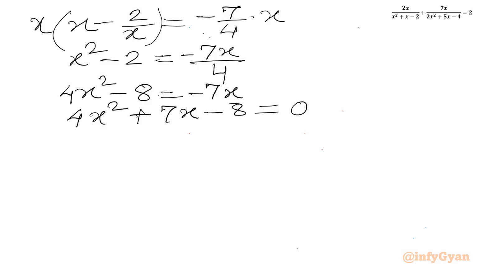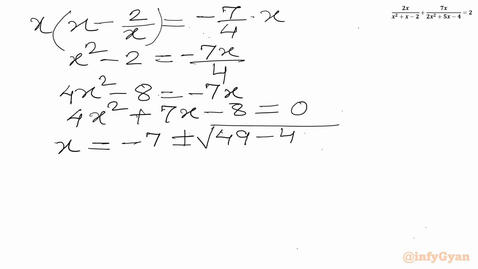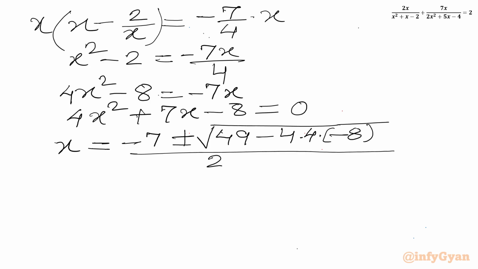Now this is one quadratic equation. Let's use the quadratic formula once again. x will be equal to minus b, so minus 7, plus minus square root of b squared, so 7 squared, 49, minus 4 times a times c, where c is negative 8, over 2a, so 2 times 4.